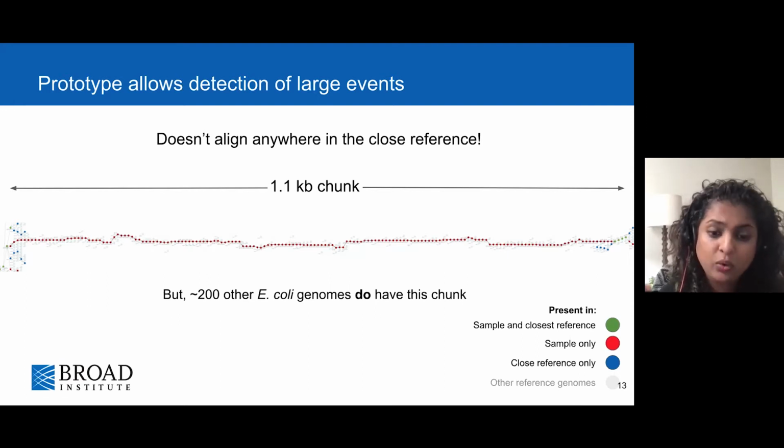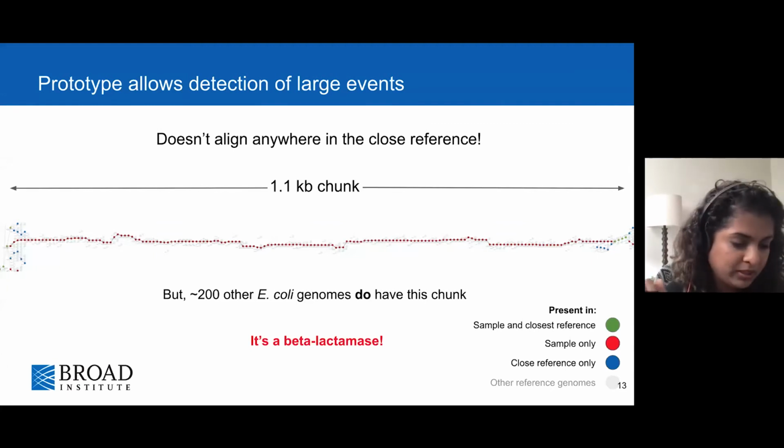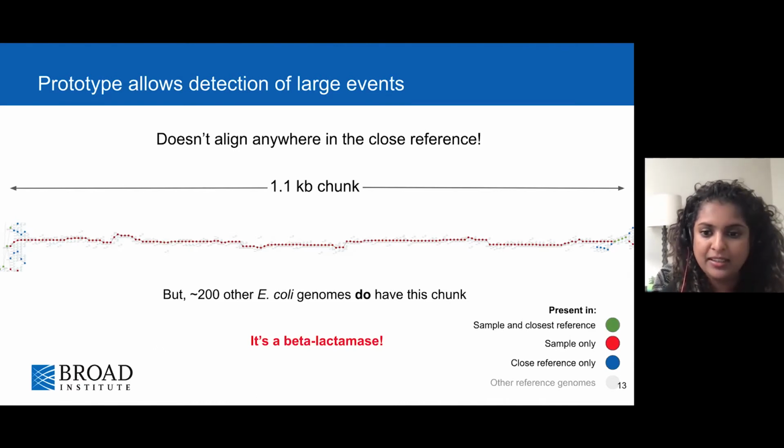This chunk was present in 200 other E. coli genomes, and it is actually beta-lactamase. Beta-lactamase is important because it is a gene associated with beta-lactam antibiotics, and this gene helps the bacteria become immune to beta-lactam antibiotics.